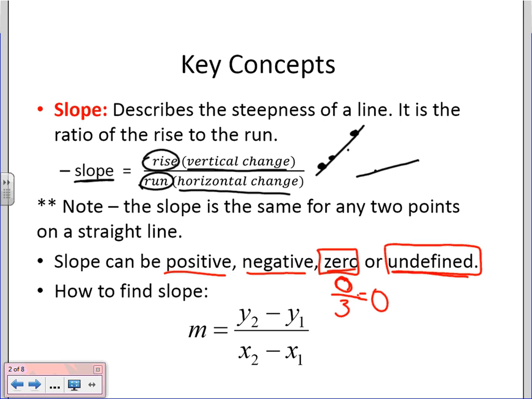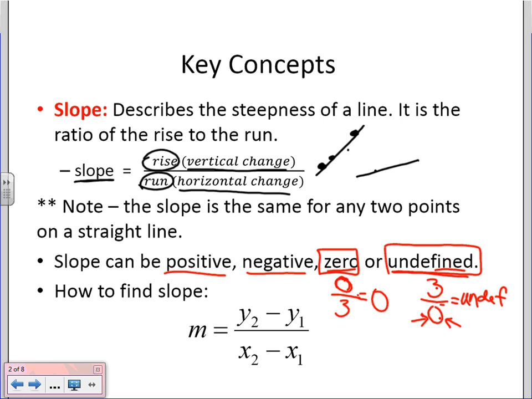My bad. And undefined has maybe a number over 0. And let's say that number maybe is 3. So 3 over 0. Now we can never have 0 in the denominator. So that is when it becomes undefined.